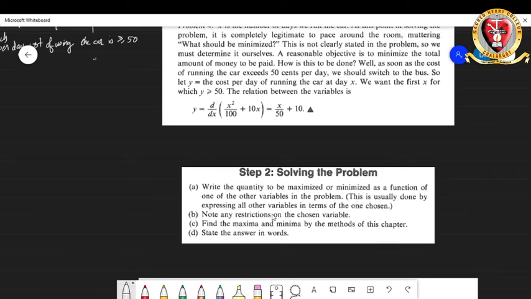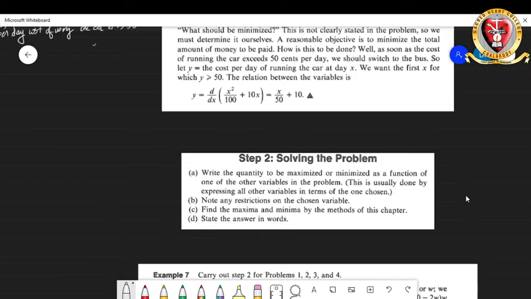This is usually done by expressing all other variables in terms of the one chosen. Okay, not any restriction on the chosen variable. Whatever variable we have, think about what restrictions are given in the problem. Then find the maxima and minima by methods we discussed earlier in the chapter, and then state the answer in words. So that is step 2 of solving the problem.